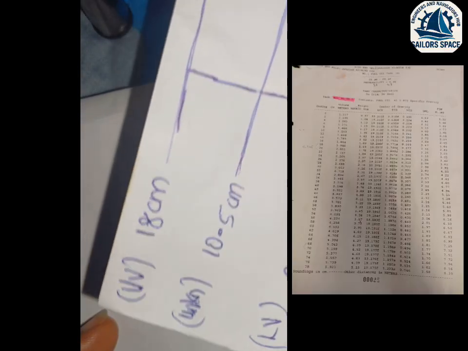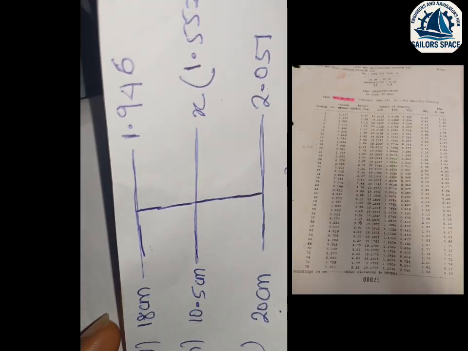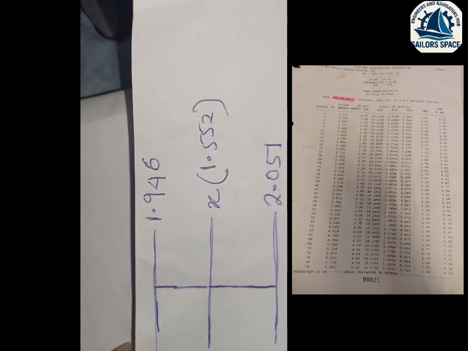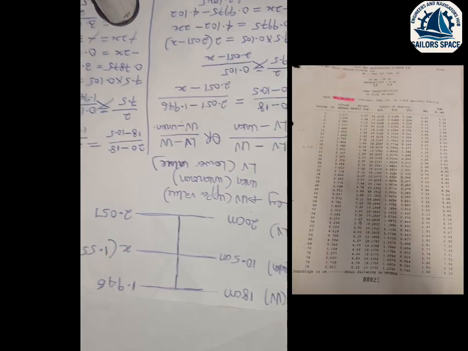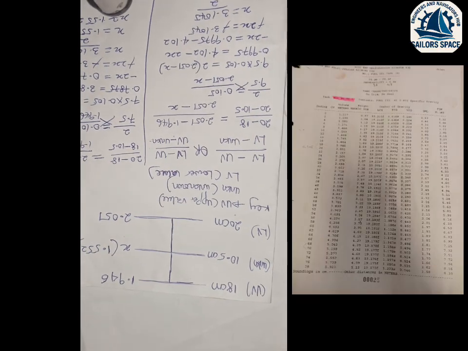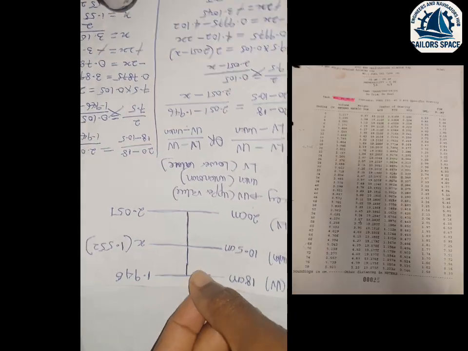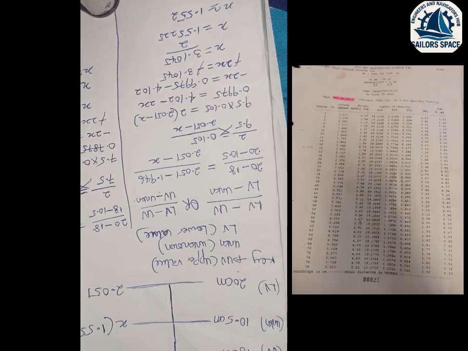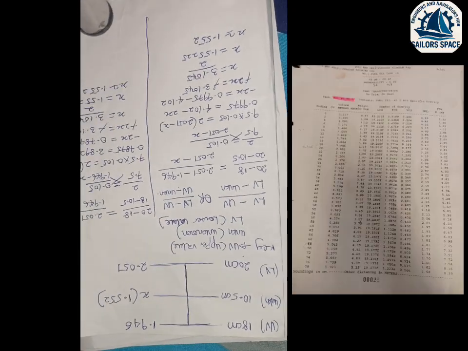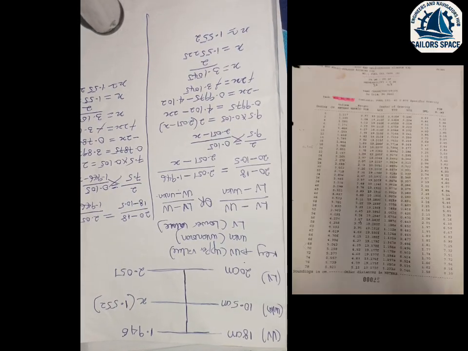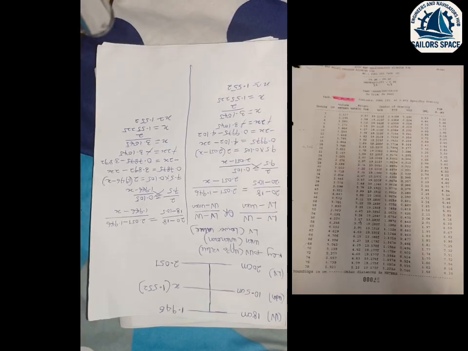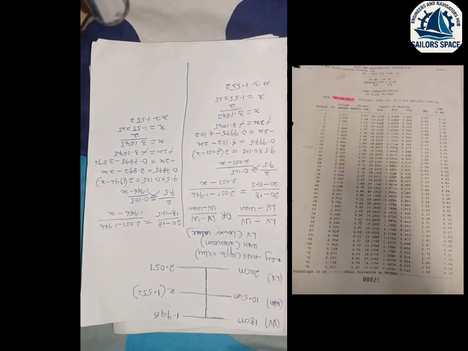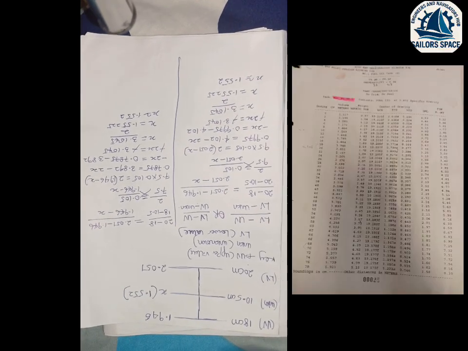So just recall, if you're having issues with your sounding table, like finding values for your sounding table, this will be a very good guide and tutor for you to know how to calculate values from your sounding tape and equate it to the volume you have in your tank. So I hope you enjoyed today's lesson.